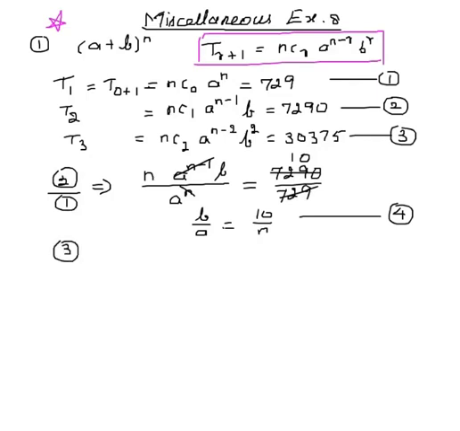Now we will divide the third equation by the second equation. We have nC2. nC2 is n factorial by 2 factorial times (n-2) factorial. If you cancel (n-2) factorial from n factorial, only n and (n-1) will remain.